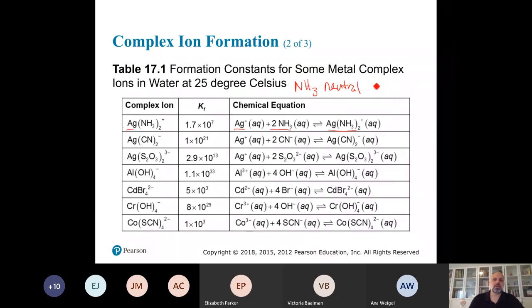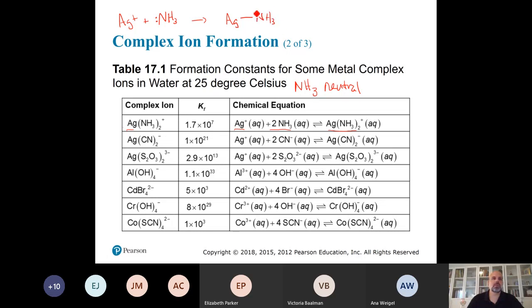And since it's a neutral molecule, what we're forming is, we have the lone pair, let me draw it across the top here, we have our silver plus ion. It's reacting with the lone pair present on the ammonia. So we're forming this new silver nitrogen bond.